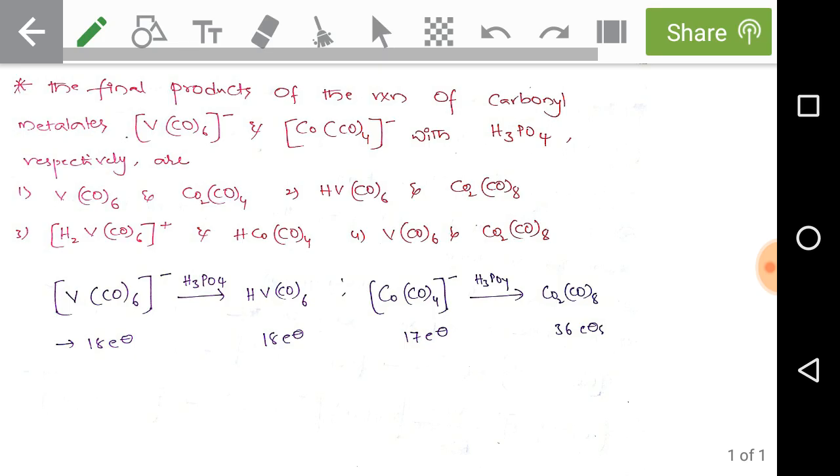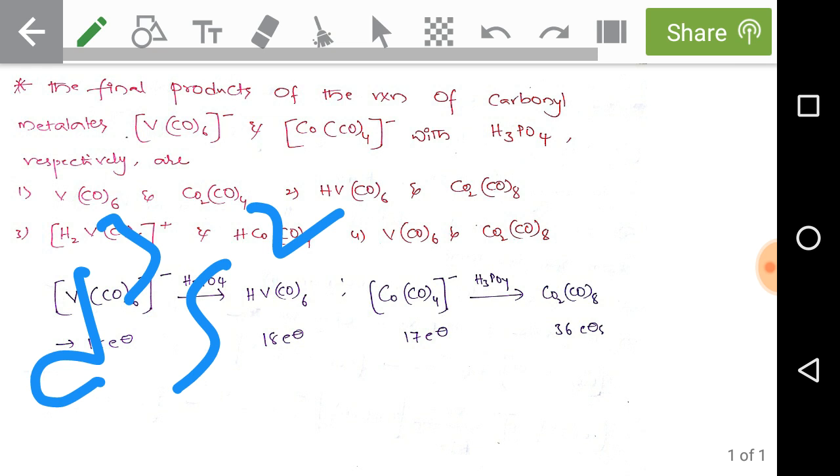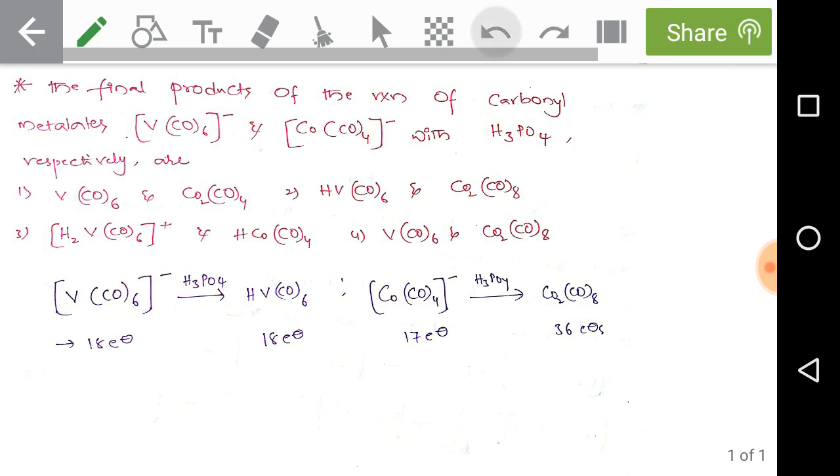Here vanadium has 5 valence electrons, because d contributes 3 electrons and s contributes 2 electrons. The complex has a negative charge on it, so we need to add another 1 electron. So total 6 electrons from vanadium, just think like that.